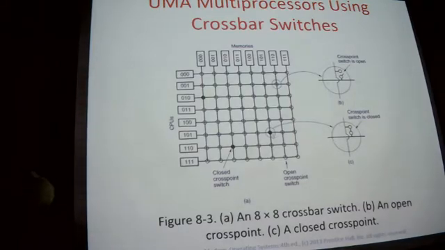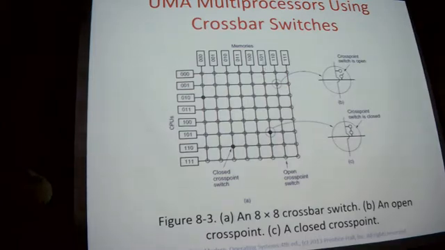On the contrary, we can see that this cross-point switch is closed, a shaded circle. So the CPU 101 can't read the data from memory 101, because they are not connected.